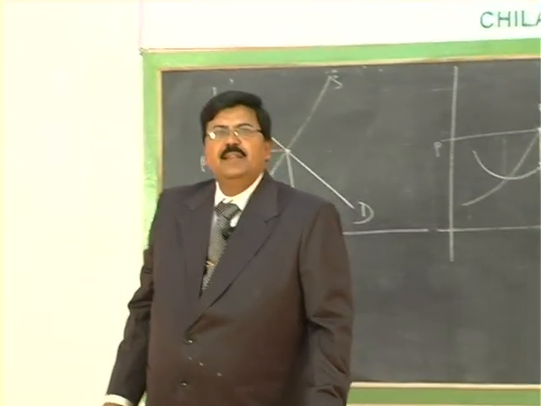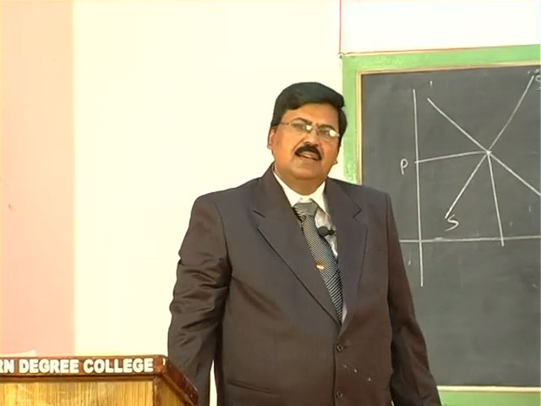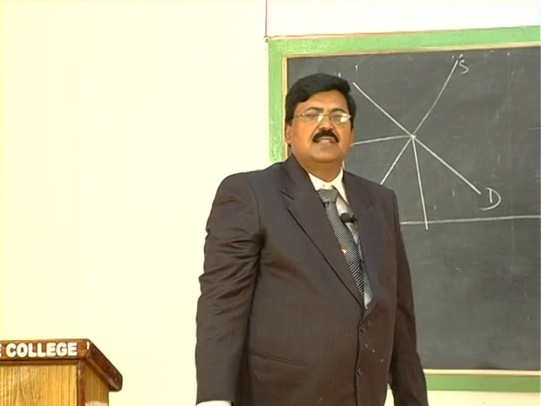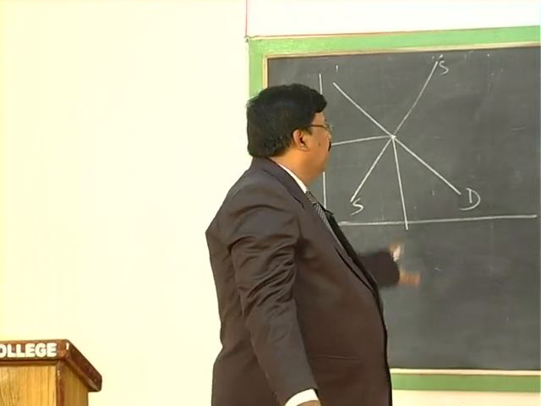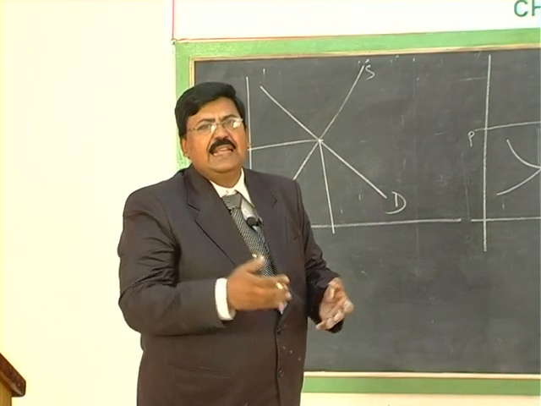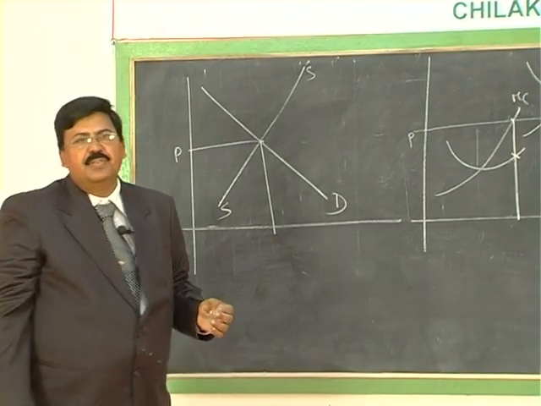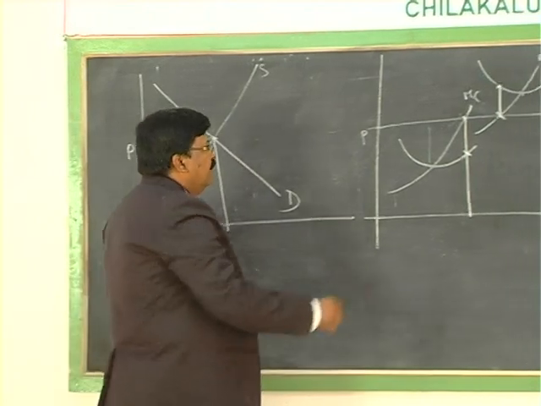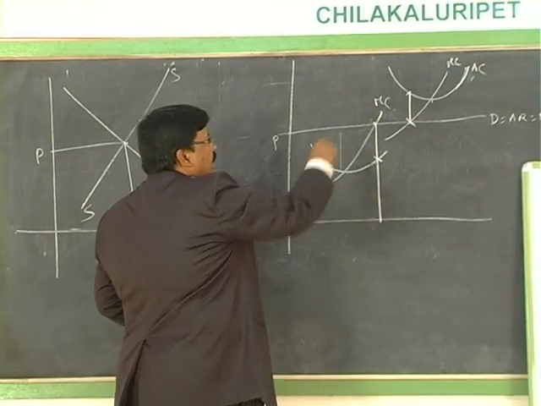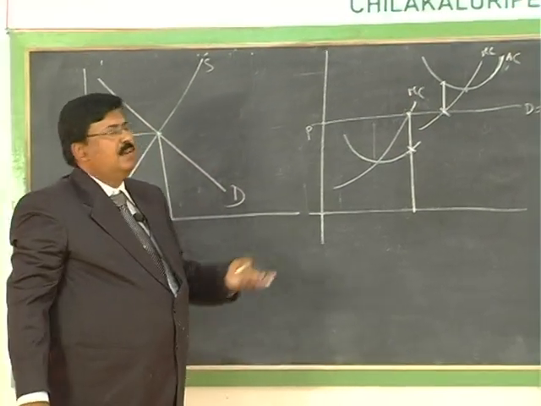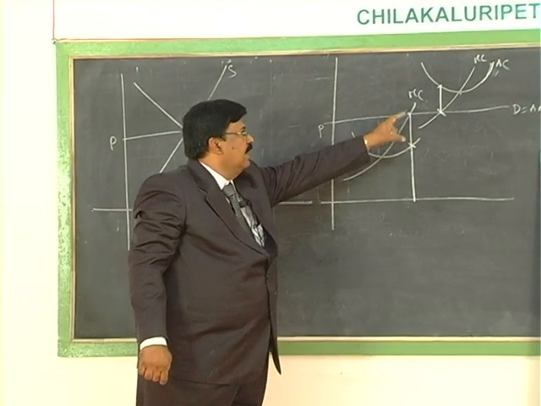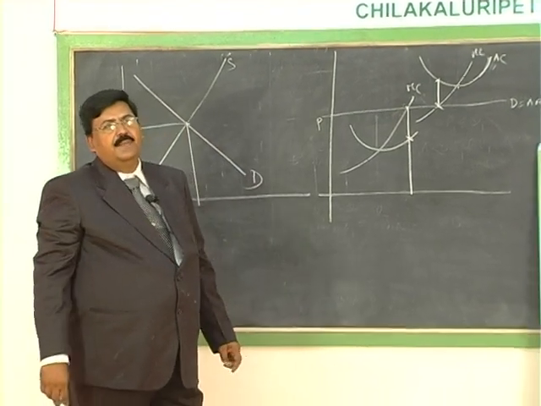The firm may earn a profit or incur loss depending on the cost conditions. Because price is given, it is only a quantity adjuster. It has to adjust its quantity given the price. So depending on the supply cost conditions, the firm may earn a profit like this or incur loss like this.